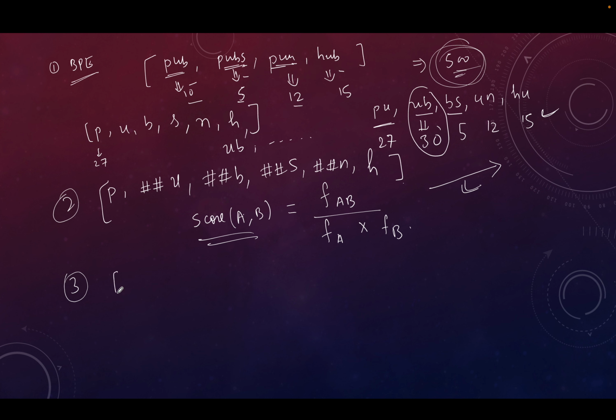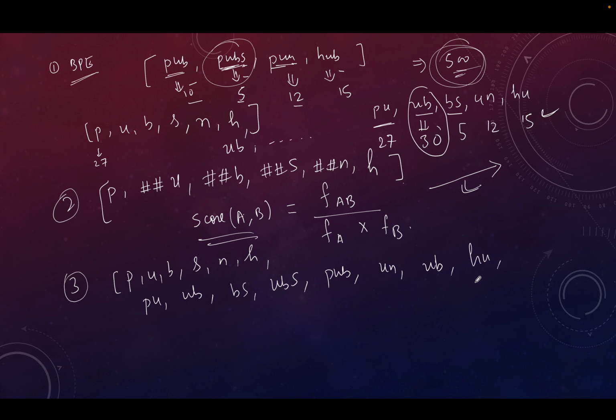So it will start with a vocabulary of P, U, B, S, N, H, then PU, UB. Then if you look at this PUBS, it's BS, UBS, and PUB is also included. Generally we don't include the words, but since PUB is a substring of this, and then UN, UB, HU, and then all the 3-letter substrings and so on.